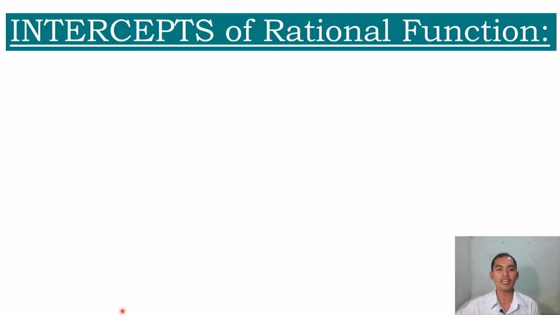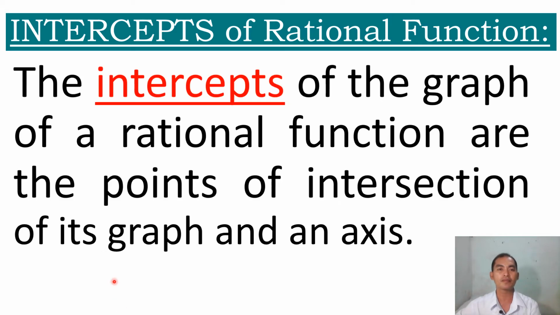Intercepts of rational function. The intercepts of the graph of a rational function are the points of intersection of its graph in an axis. Pag sinabi natin intercepts, it's a point that passes through the x-axis or the y-axis.